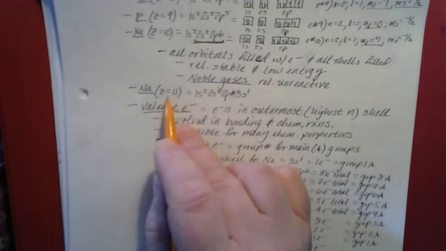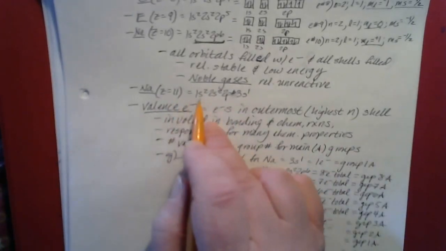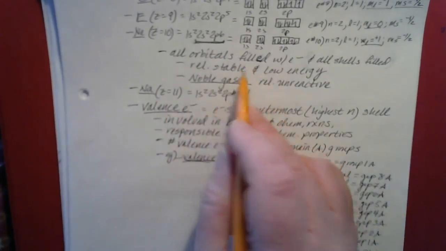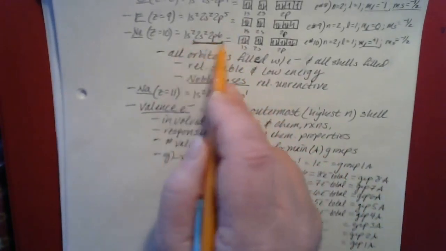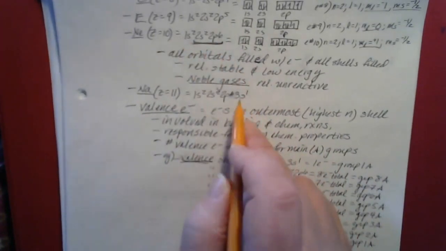So the corresponding electron configuration for sodium would be 1s2, 2s2, 2p6, and all of that is just like neon, plus 3s1. So 3s1 is the 11th electron.